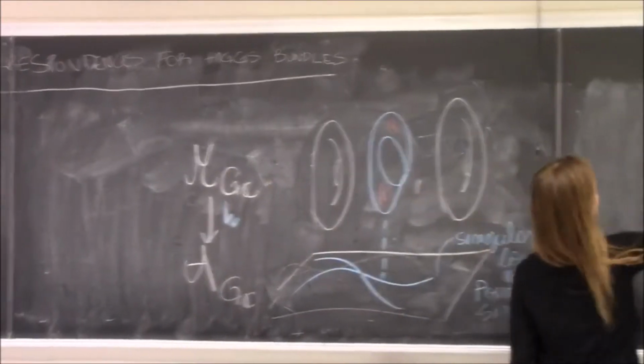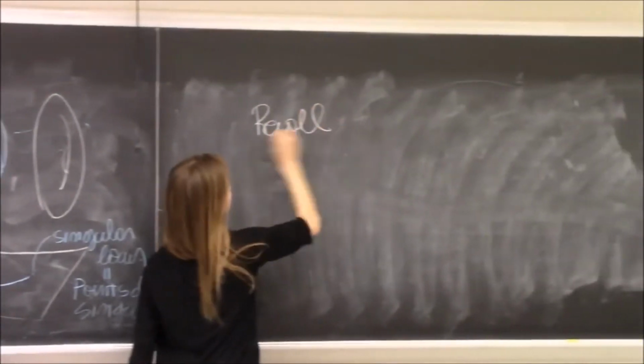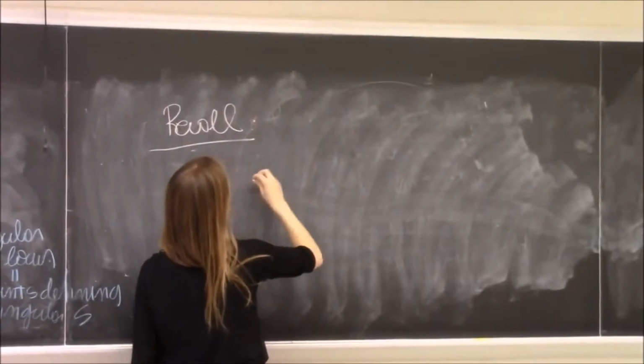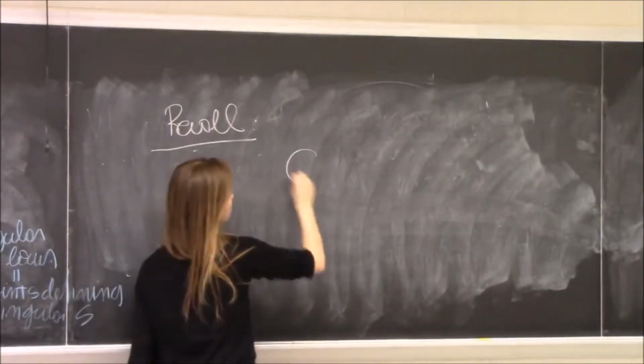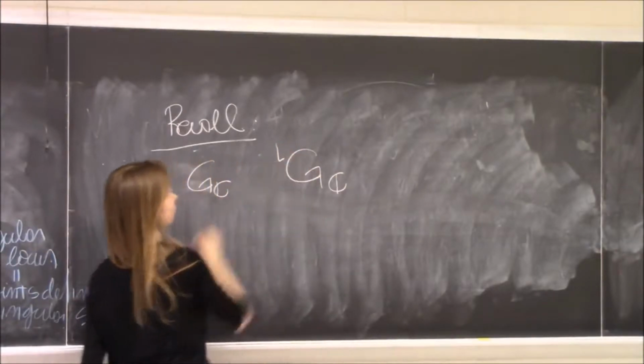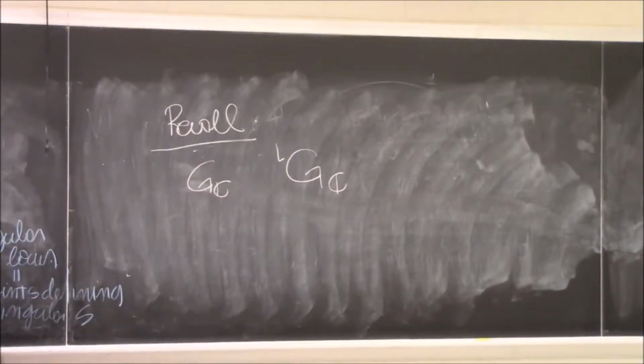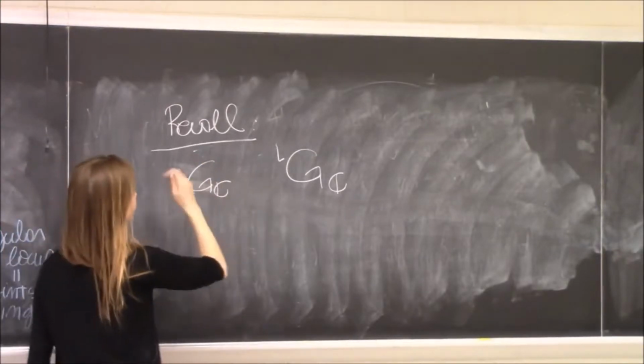If you haven't seen Langlands dual groups, recall that for a group G, if you have GC here, you have a Langlands dual group, which we're going to denote by GL, C. And the Langlands dual group is the group you get by taking the dual covariates, and the covariates of your group.